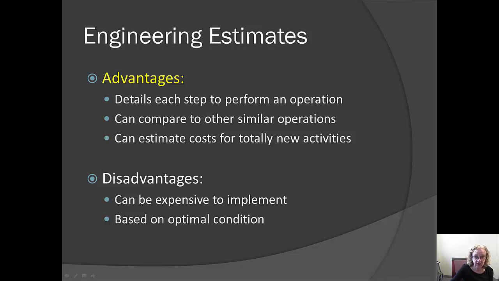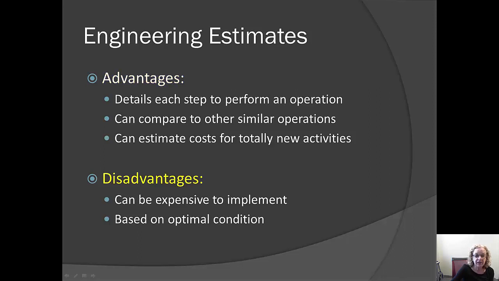It forces us to think about each step that we need to perform, and it allows us to compare this process to other processes that we do. And the biggest advantage of engineering estimates is it allows us to estimate costs for something that we've never done before. However, this procedure does have some disadvantages.